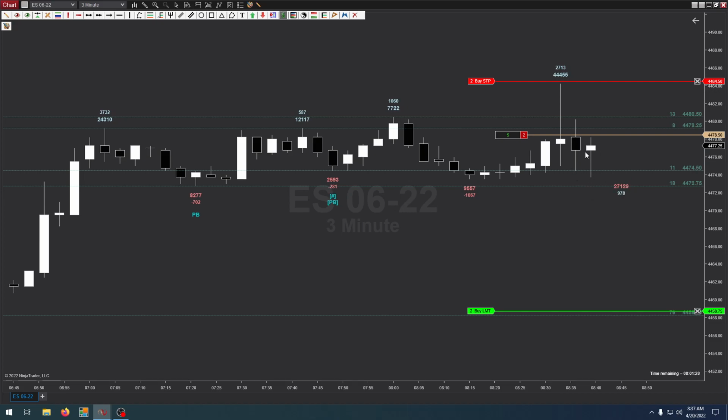So in a minute and a half, if this candle closes like this, we're going to have a buy imbalance here, and it's getting larger and larger. Yeah, the buy imbalance is getting larger and larger.